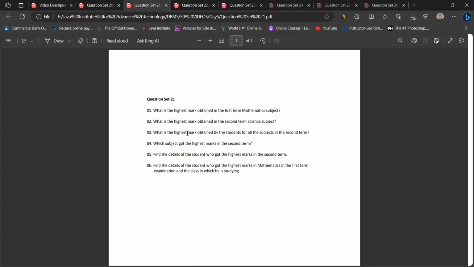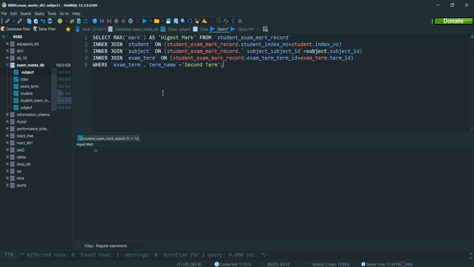What is the highest mark obtained by the students for all the subjects in the second term? Here also I have used the same search query but with different columns.